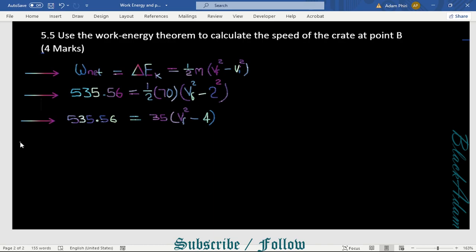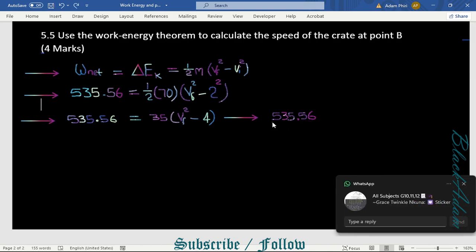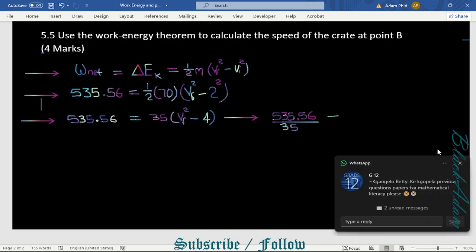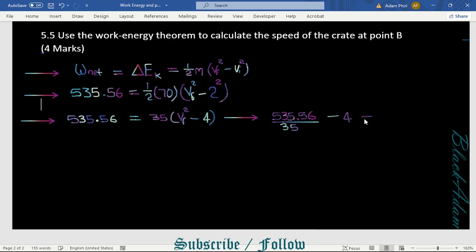We divide both sides by 35, so 535.56 over 35 equals v final squared minus 4. Remember that the minus 4 moves to the other side, making it positive.